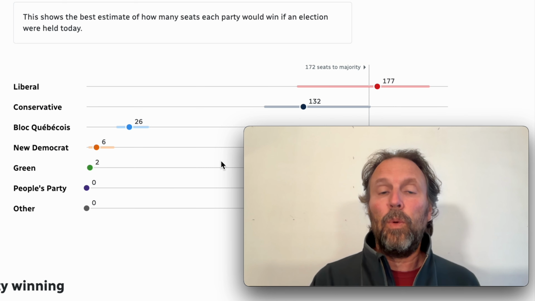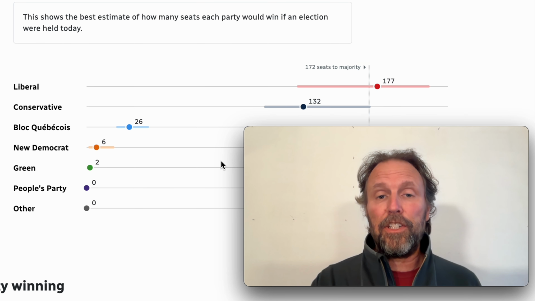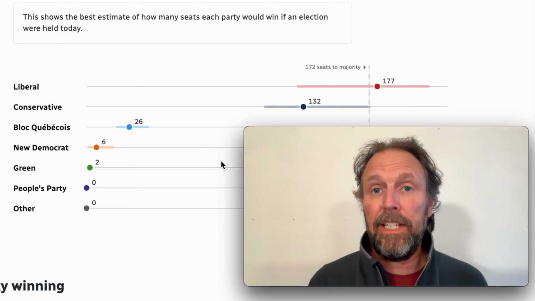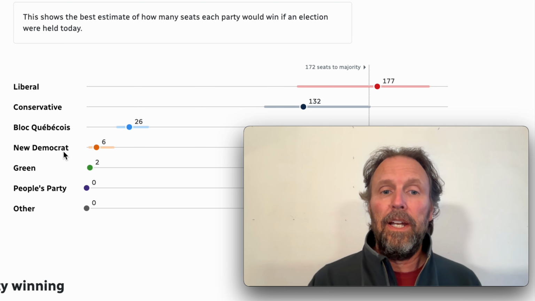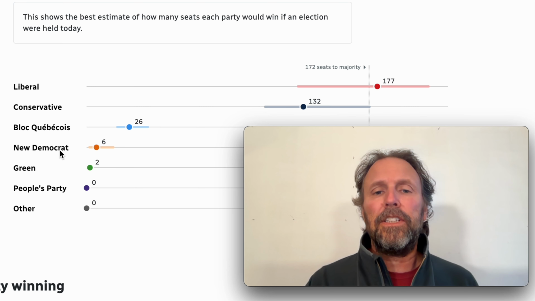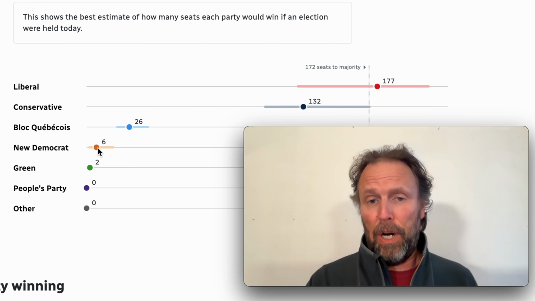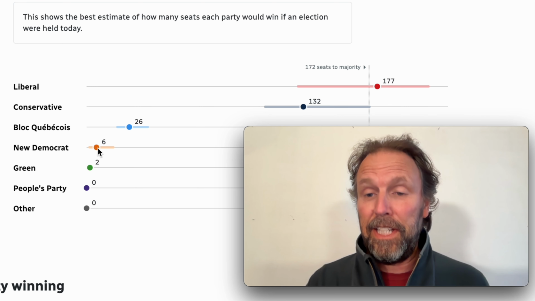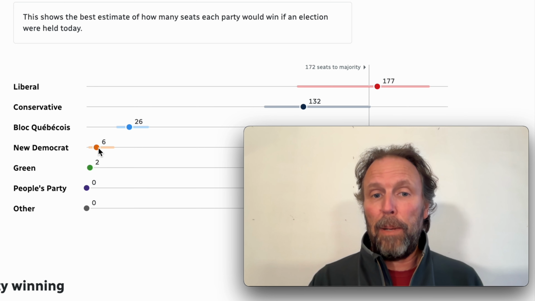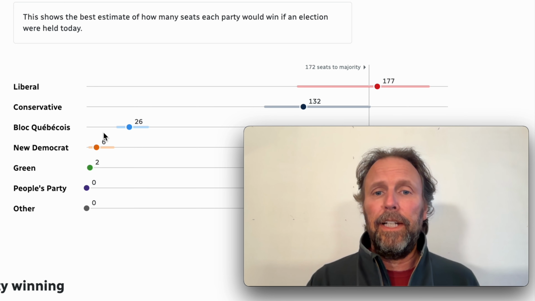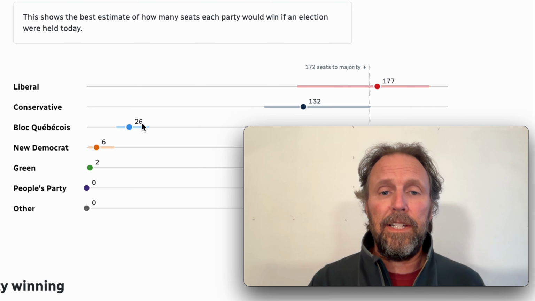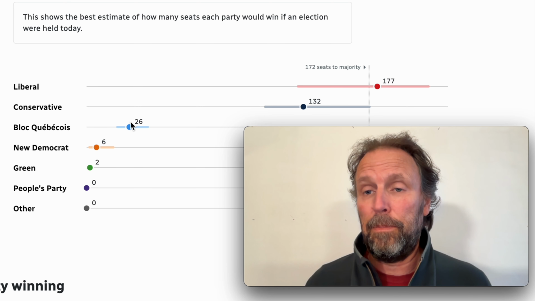With that percent of the popular vote, this illustration here predicts how many seats either of those two parties will win. And the New Democrats are expected to win approximately 6 seats based on their popular vote. And the Bloc is expected to win 26 seats with their percentage of the popular vote.